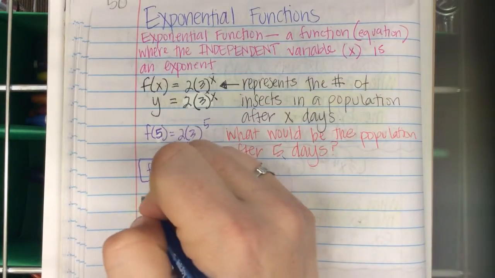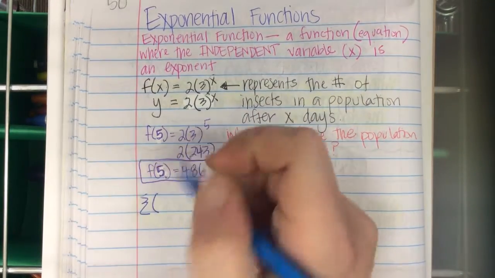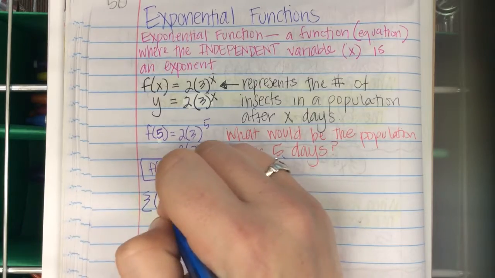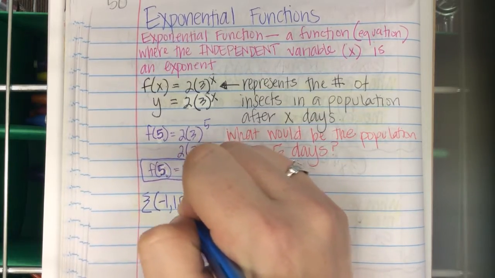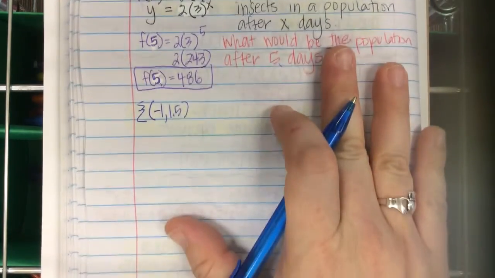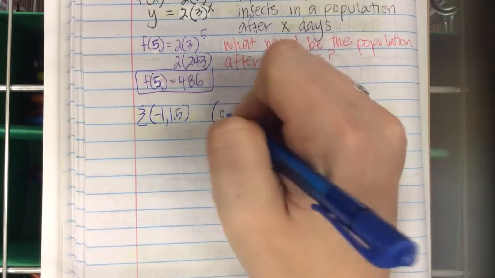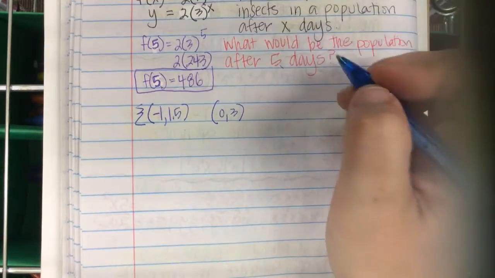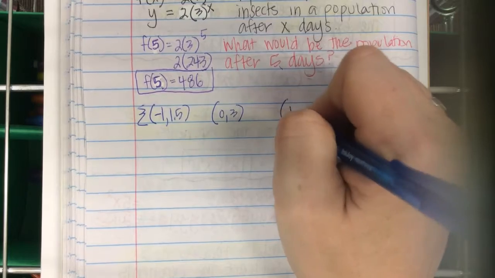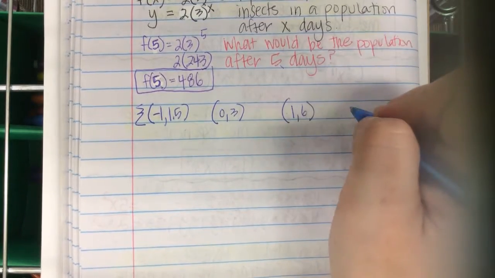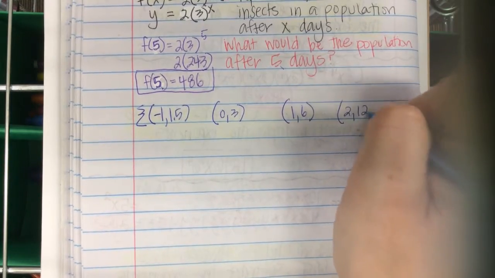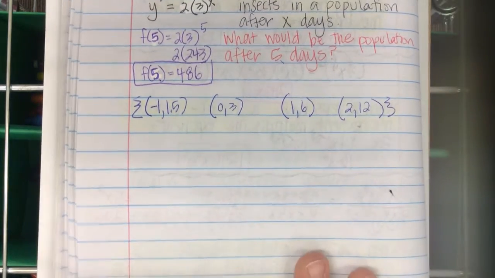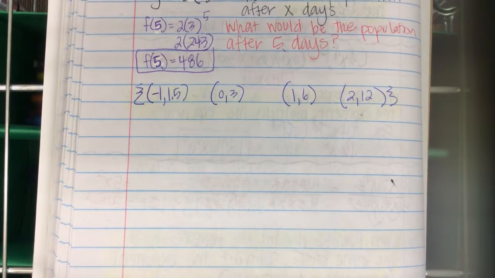Okay, so the second type of problem you're going to have is you're going to be given a relation, which is a group of ordered pairs. You're given a relation, you're given a set of ordered pairs.